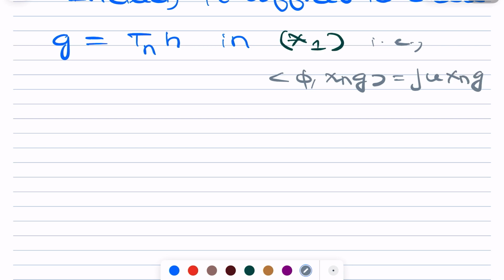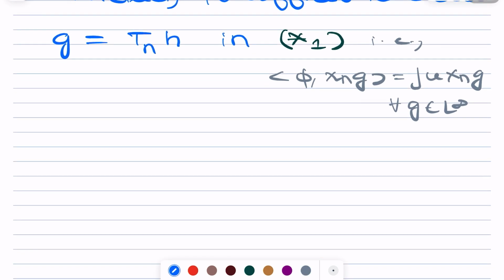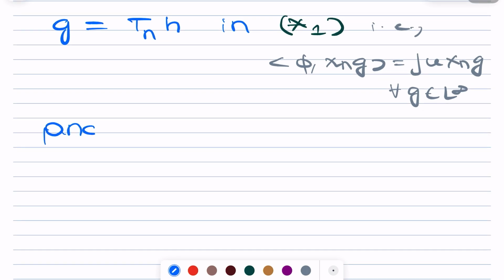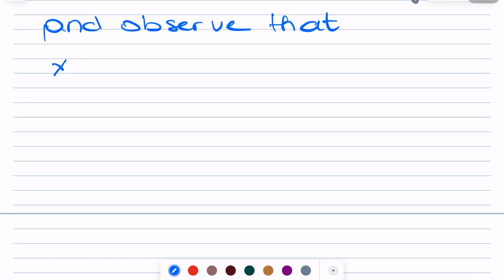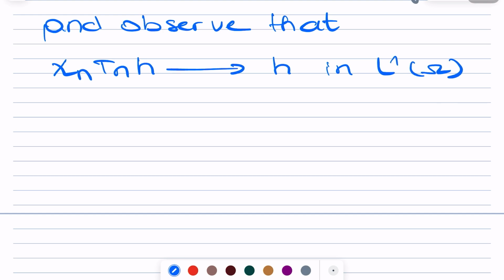This g will be in L infinity. So it suffices to choose g to be the truncation of h and observe that chi n T n h converges to h in L1 of omega, and this is of course by the dominated convergence theorem, so you can easily check that.